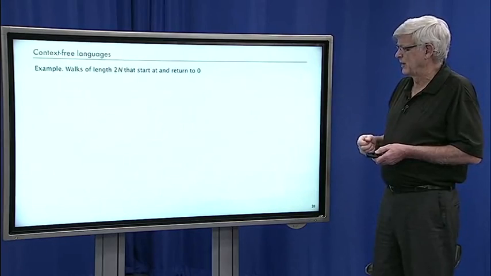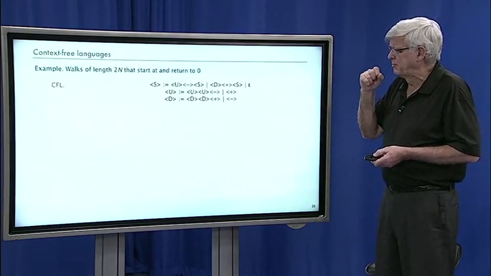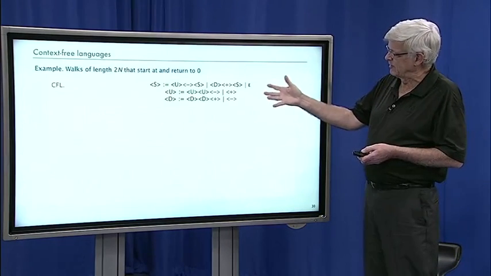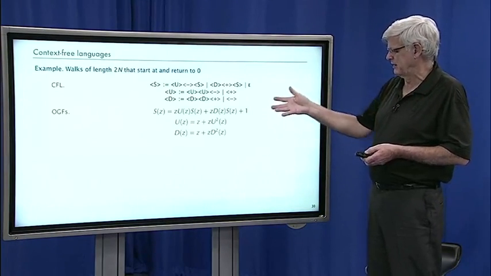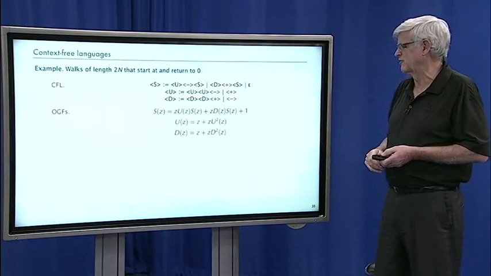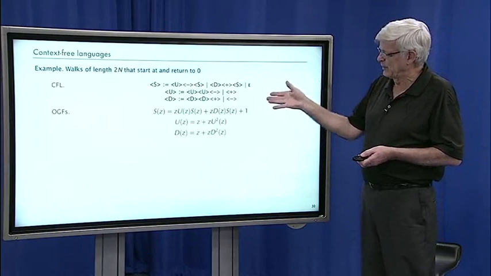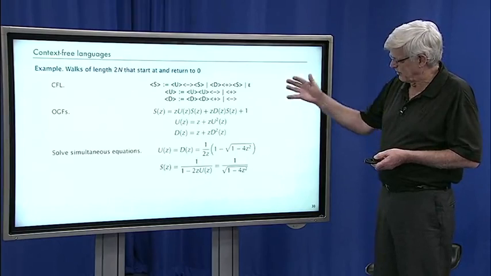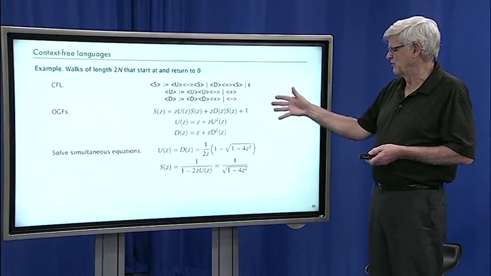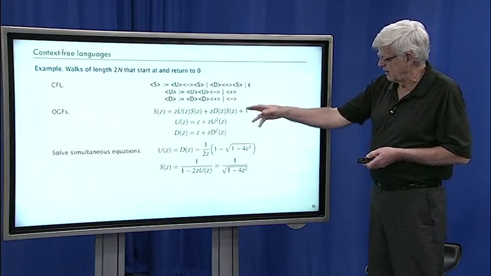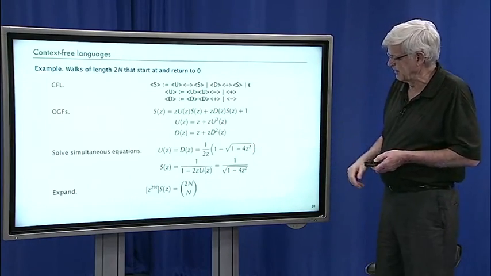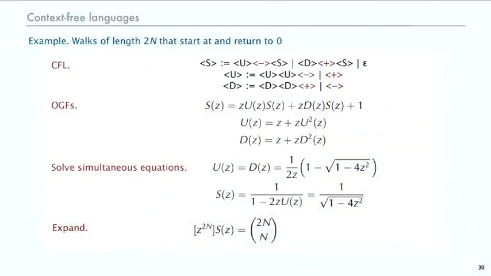And that construction, that's a context-free language, so then we can use the symbolic method to get generating function equations. This time it's 3 equations in these 3 unknowns. In solving those equations simultaneously, they're like the tree equation actually, and the end result is that the number of such walks is 2n choose n.